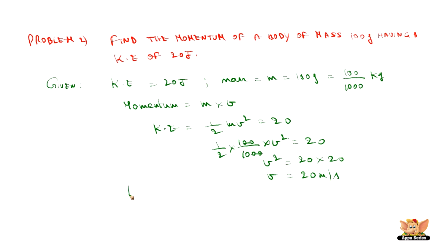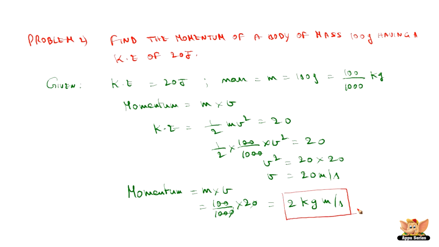Knowing v, we can find the momentum of the body: m into v, which is 100 by 1000 into 20. So this becomes 2 kg meter per second. So 2 kg meter per second is the momentum of the body.